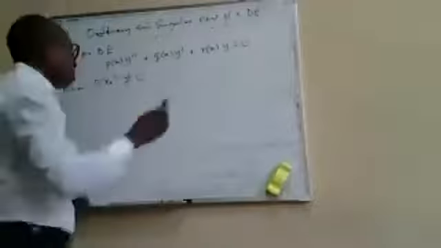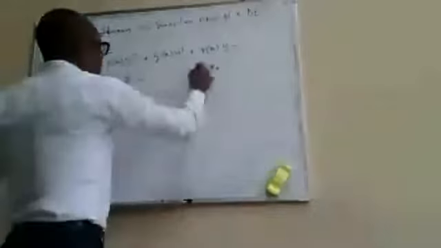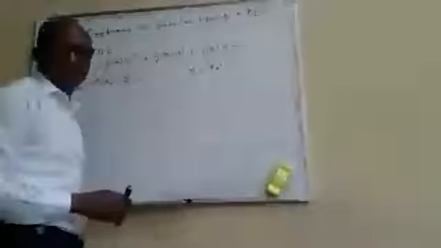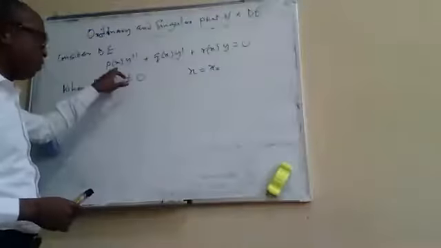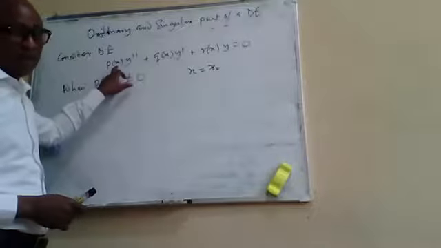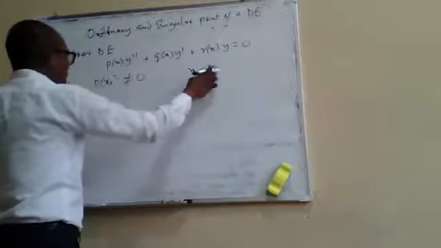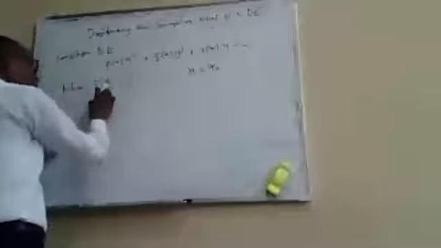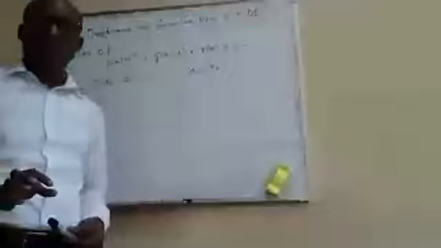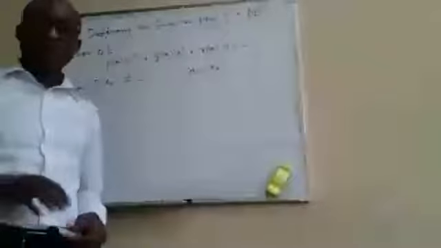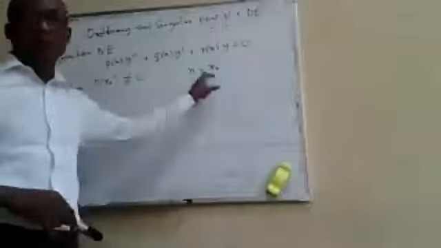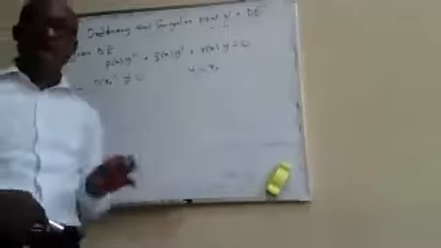And as such, at x equals x_0 it is analytic. So when you have this P(x), and x is equal to x_0, and you replace x with x_0, if P(x_0) is not equal to 0, that is what we call an ordinary point. And at that point, x equals x_0 must be analytic.